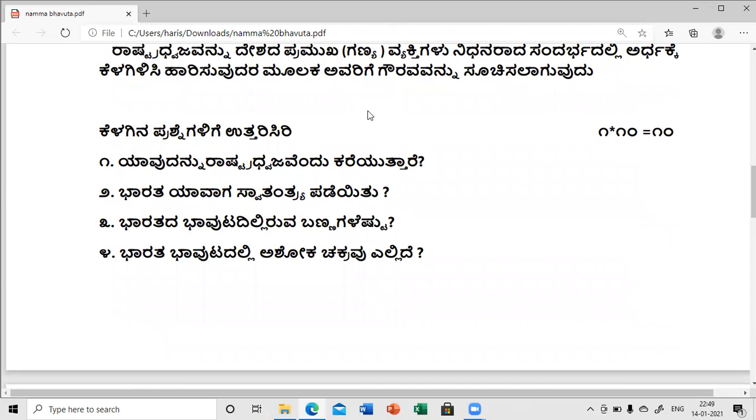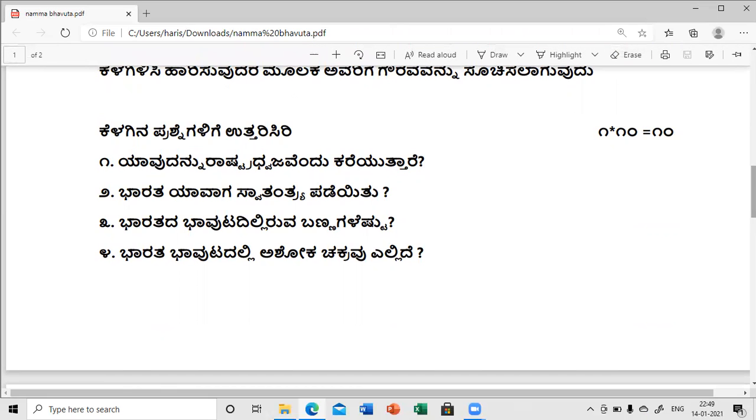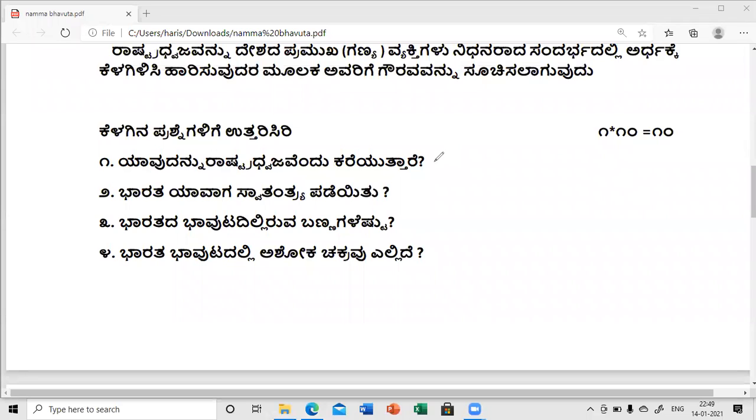So they're asking about the flag here. ಯಾವುದನ್ನು ರಾಷ್ಟ್ರಧ್ವಜವೆಂದು ಕರೆಯುತ್ತಾರೆ? When you get this first question, usually you would have the answer in the beginning of the passage.